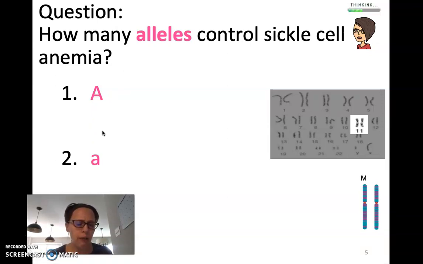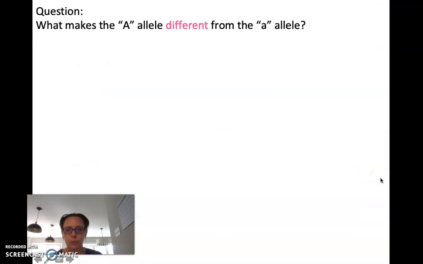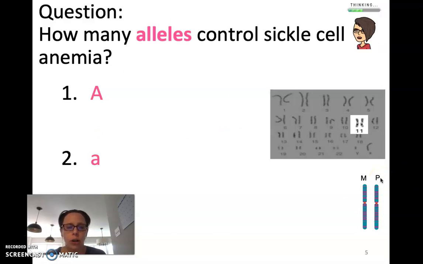Remember, we got one of those chromosome 11s from your biological mother, and you got one of those chromosome 11s from your biological father. So the M and the P stand for the maternal chromosome or the paternal chromosome. Okay, so let's just give an example here.